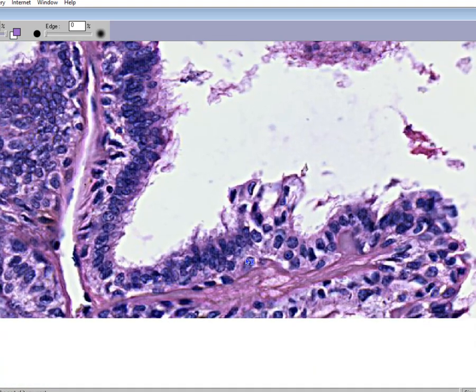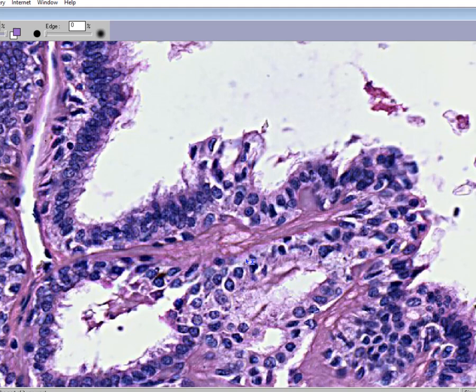Here's probably even a better one over here. Here's what they call your fibrovascular core, because it has fibrous tissue and maybe some blood vessels, which you can't see too well here. And then it has a nice orderly lining of cells, so this is benign, it's papillary, it's very, very sharply delineated.